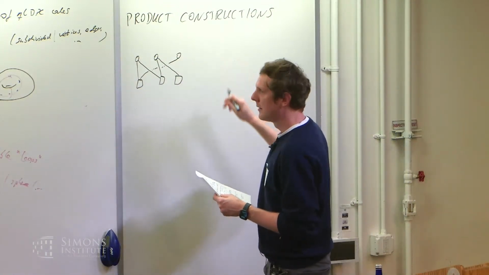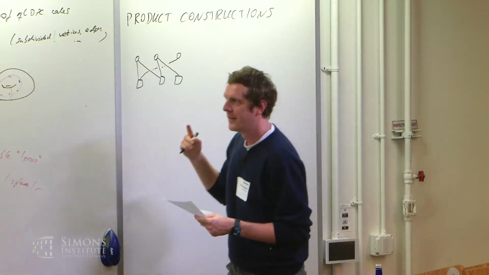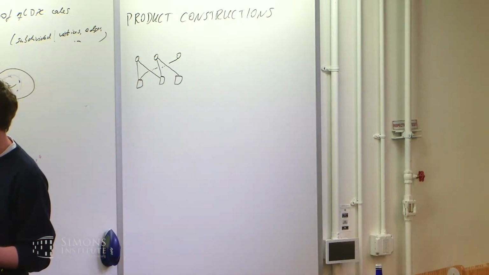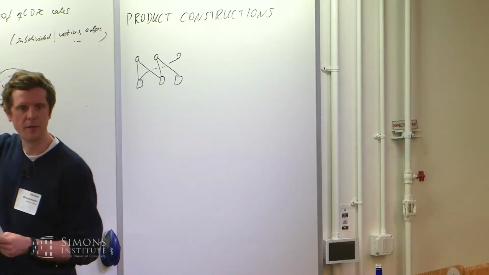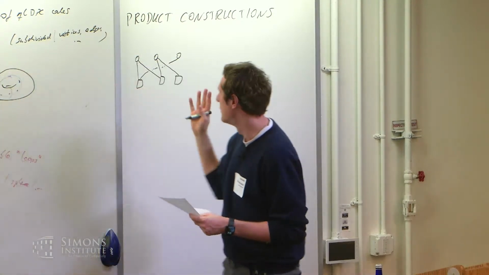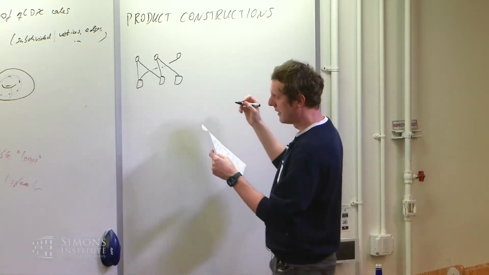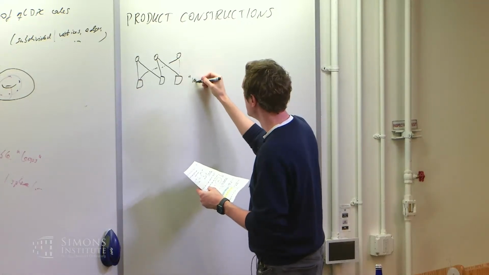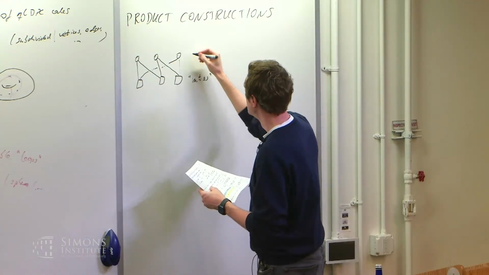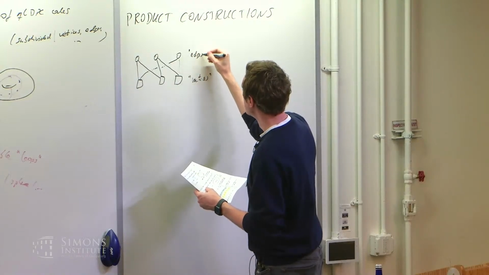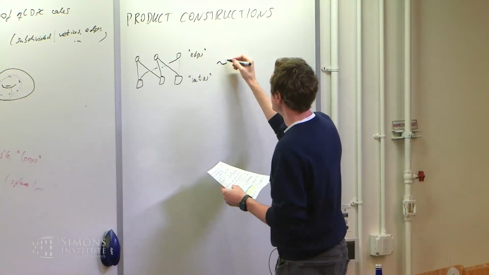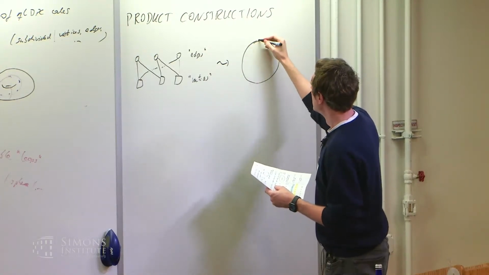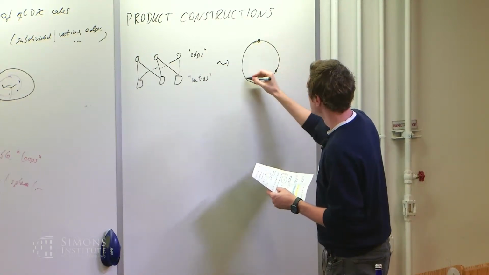Now let me do my trick in reverse. Earlier I said I can take some cellulation of a manifold and turn this into a Tanner graph. Let me do this in reverse. Let me just proclaim that these are now vertices, and these are edges. Then the space I get is this loop.